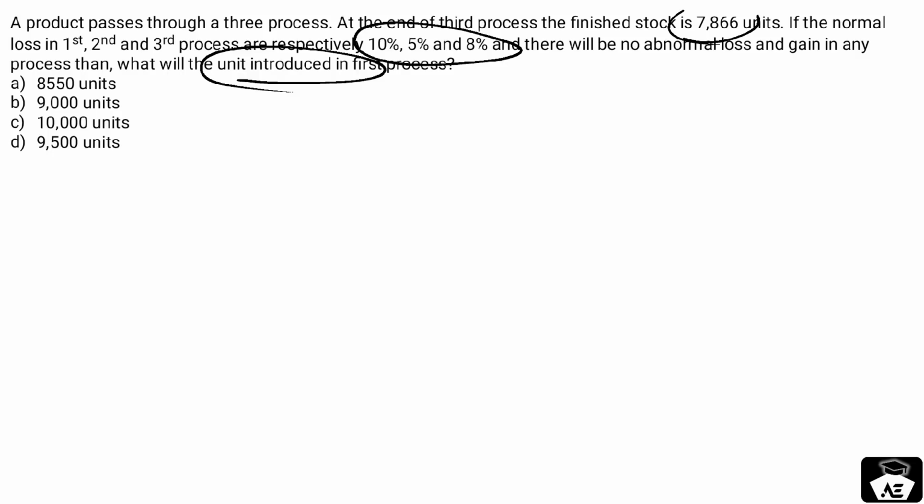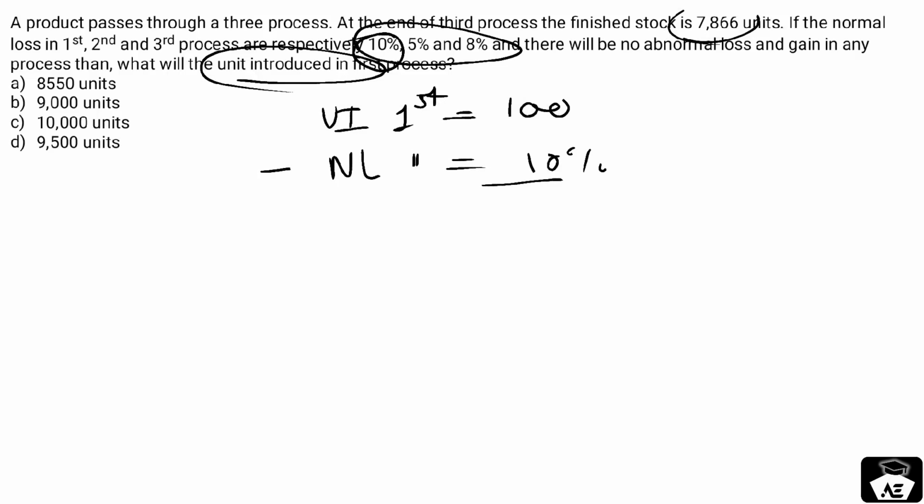So it becomes quite simple when there is no abnormal loss and gain. सिंपली आपको असम्प्शन देना है that unit introduced in first process is equal to 100 less normal loss again in first process is given 10%. So deduct 10%, you will get 90.